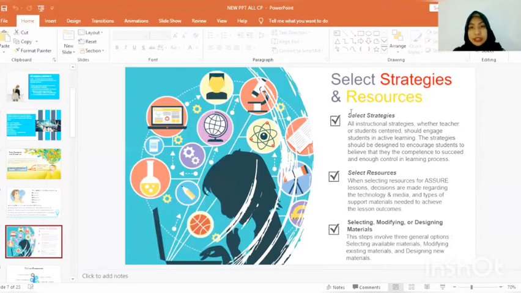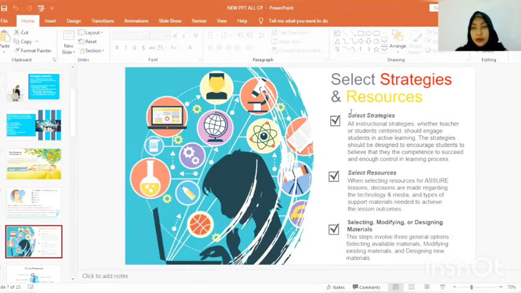All instructional strategies, whether teacher or student-centered, should engage students in effective learning. The strategies should be designed to encourage students to believe that they have the competence to succeed and enough control in the learning process. And number two is select resources.